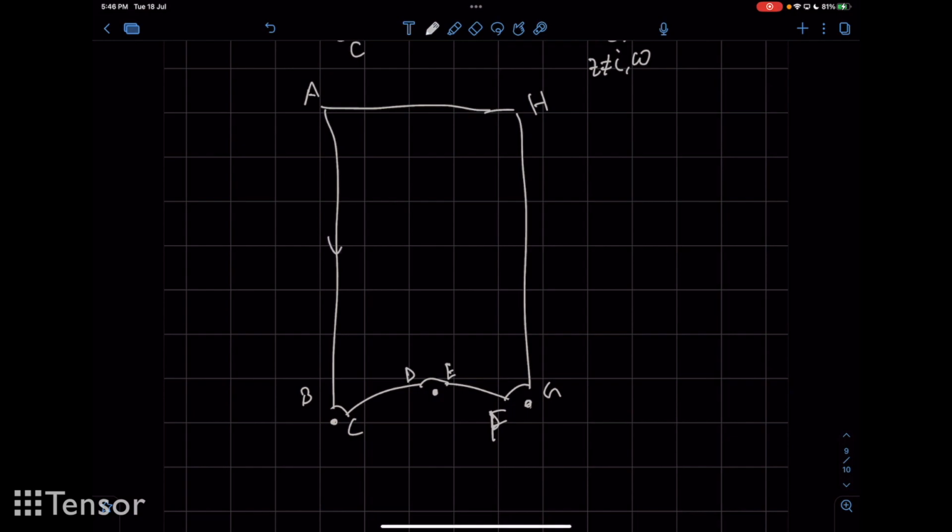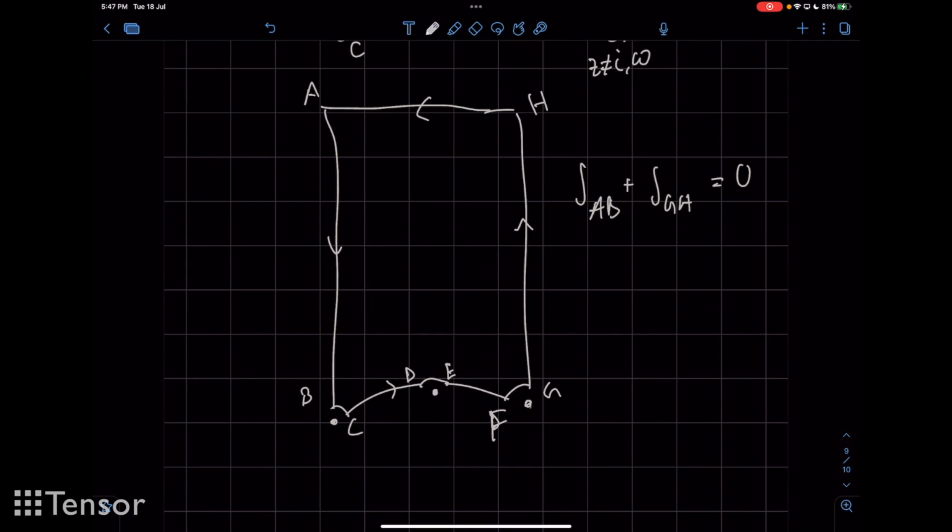So yeah, the integral over AB plus the integral over GH is equal to 0 because they have the same value but different orientation.